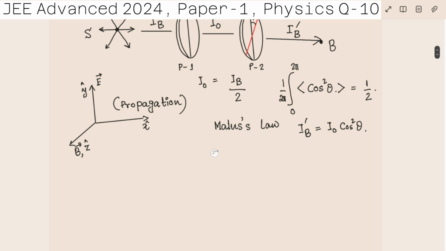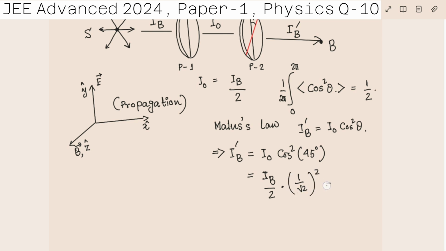Therefore IB prime is equal to I0 cos square 45 degrees, which is IB by 2 times cos square 45 degrees, which is 1 over root 2 squared. So it is IB divided by 4.